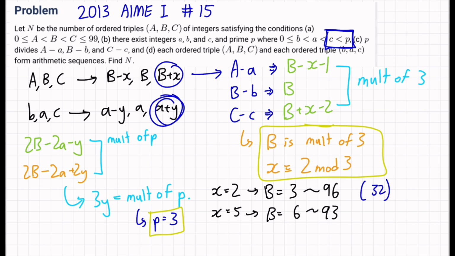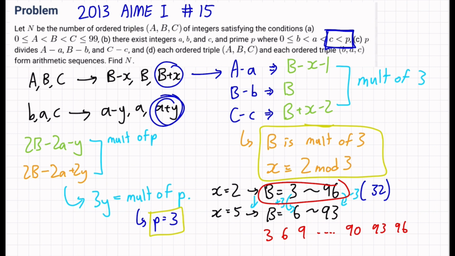And so what you can see here is every time we go down once, the numbers at the ends of the possibilities of b get cut off, right? For the first one, we had b equals 3, 6, 9, all the way up to 90, 93, 96, so this was 32 values.